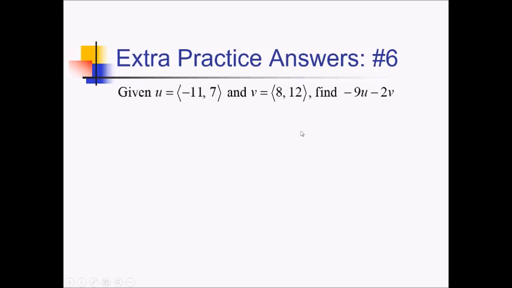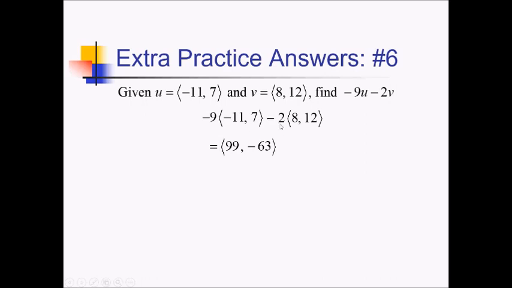For this one, I want negative 9u minus 2v for these 2 vectors. Let me put the component forms in there. So we've got negative 9 times negative 11, 7, minus 2 times 8, 12. Distributing those numbers outside, we end up with the vector 99, negative 63.